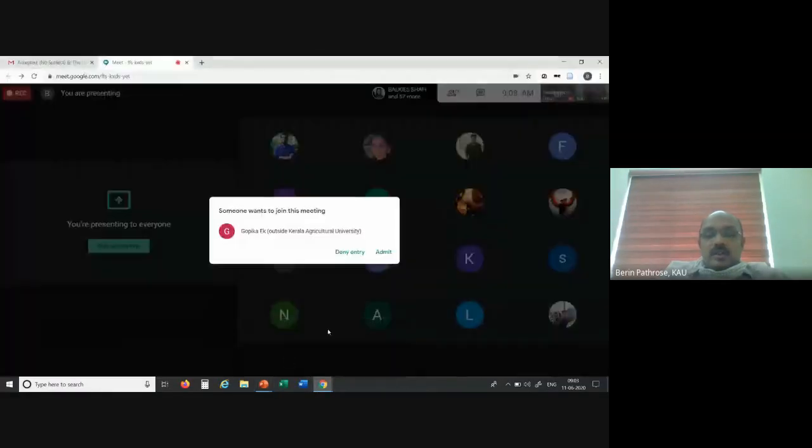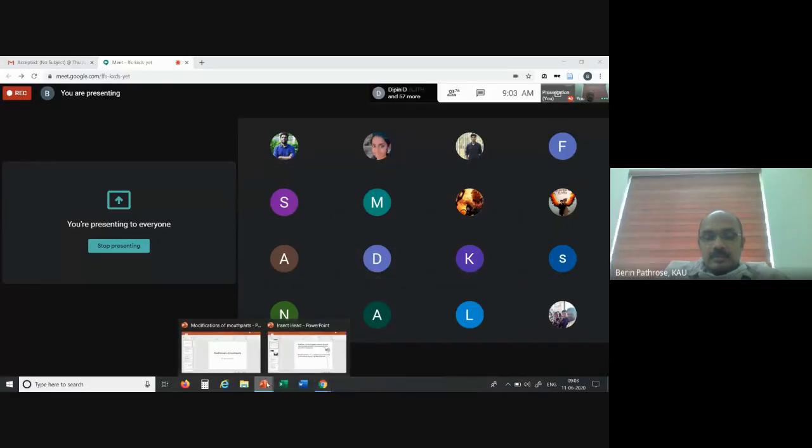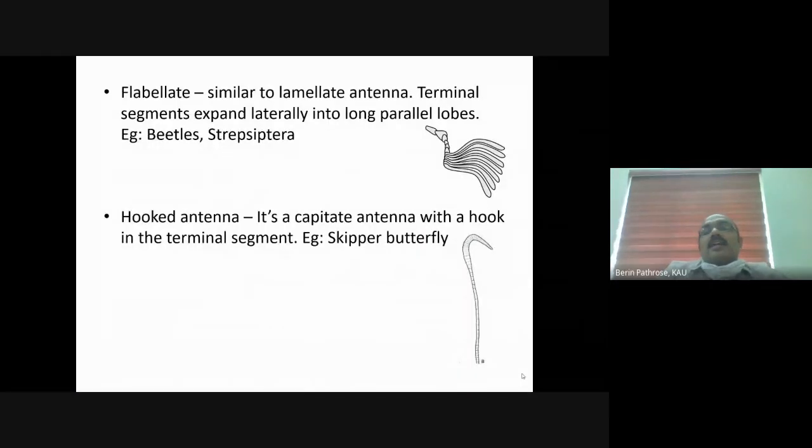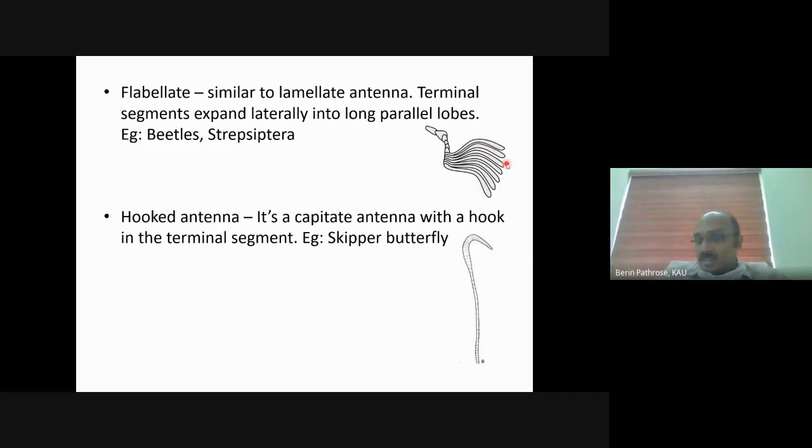If you observe the antennae, you can see that the structure looks like the lamellate antenna which we have discussed, but there are lateral expansions of the terminal segments. The only difference between flabellate and lamellate antenna is that the segments which are oval or globular in lamellate antenna are here expanded laterally into long parallel processes. This is an elongated structure.